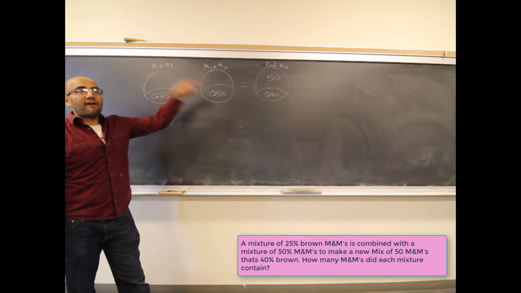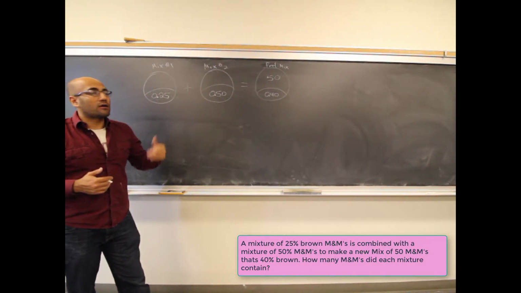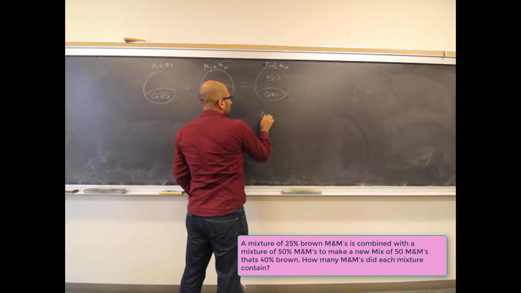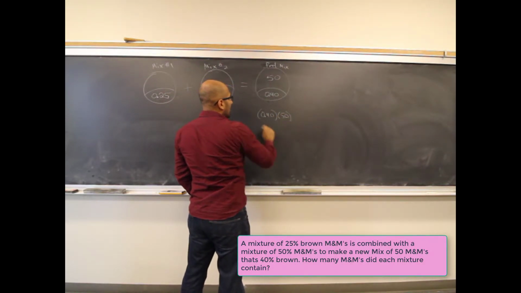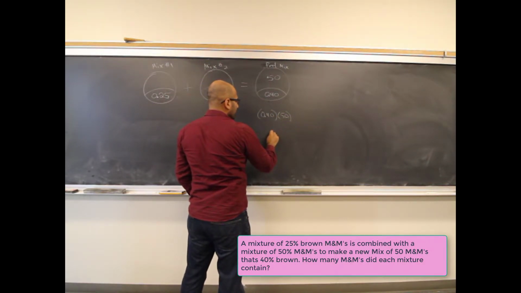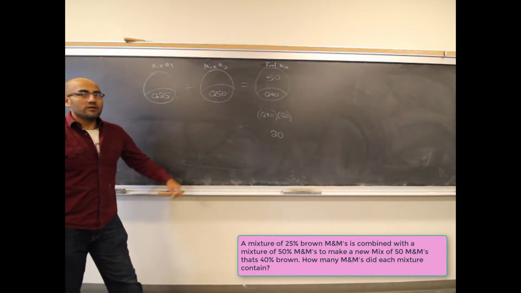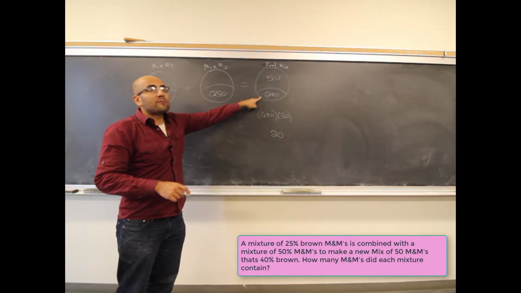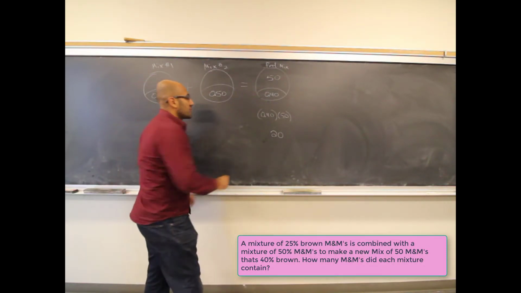So if you're told that the final mixture has 50 total M&Ms and 40% are brown, then we can multiply these 2 things, 0.40 times 50, and we would end up with 20. Good. So 20 brown ones. 50 total, 40% brown. That means that there must be 20 brown ones in that mixture.